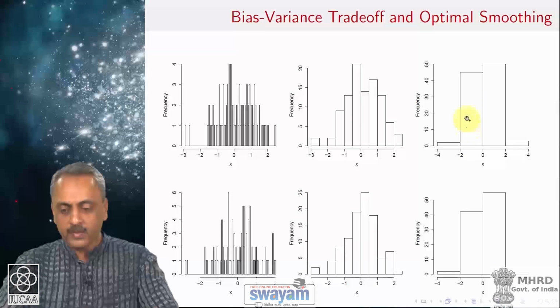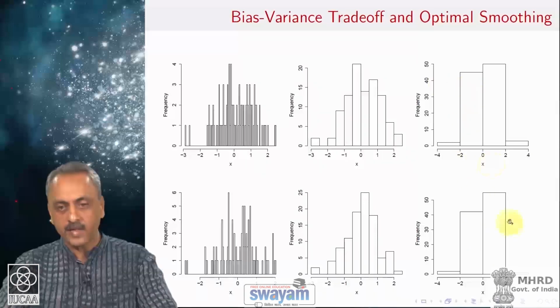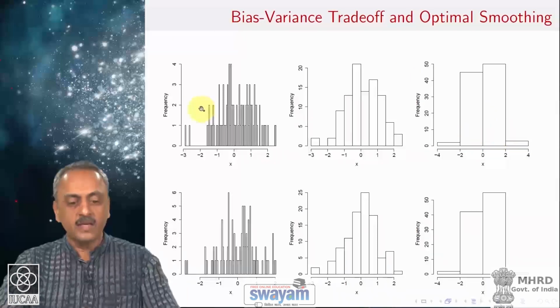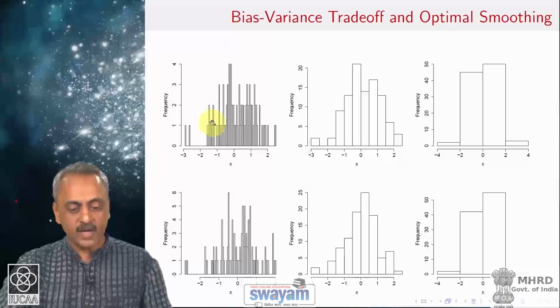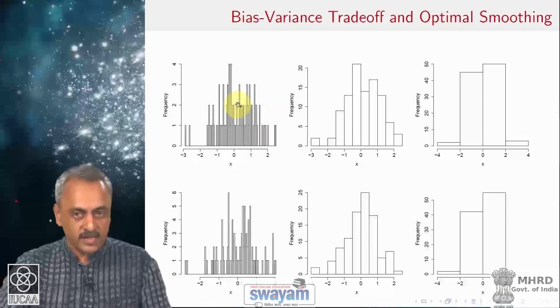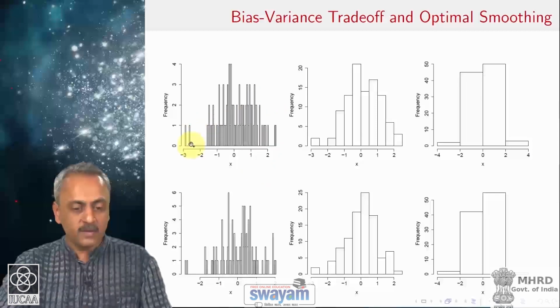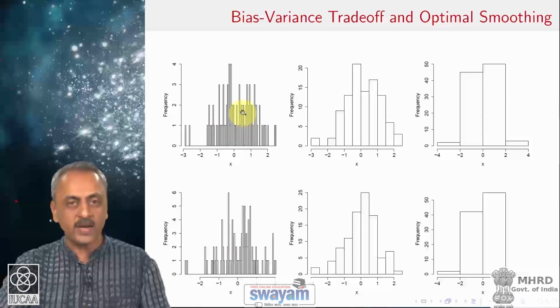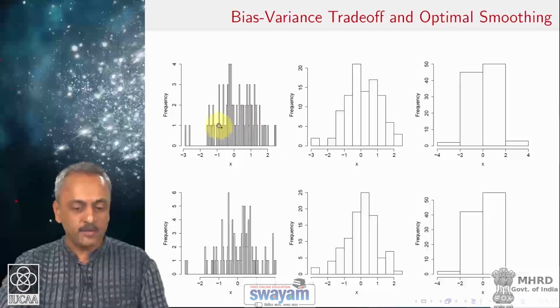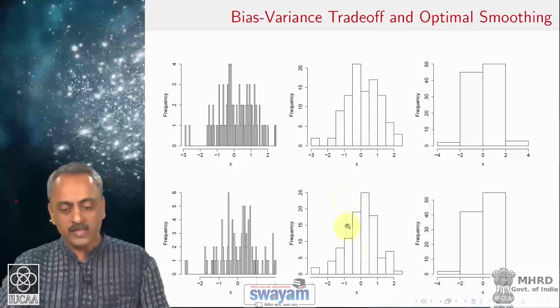At this end, the bias is high, but the variability is low because the number of bins is a bit too small. At this end, the bias is low, but the variance is high. Across two data realizations, the visual look of the histogram changes drastically, but whichever histogram you look at, it is presumably capturing the density variation in the data much better than at this end. This is somewhere in between.